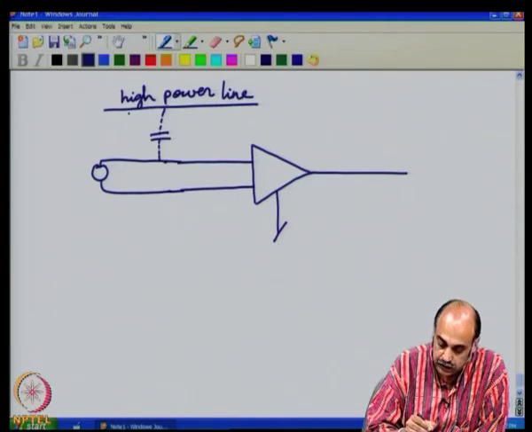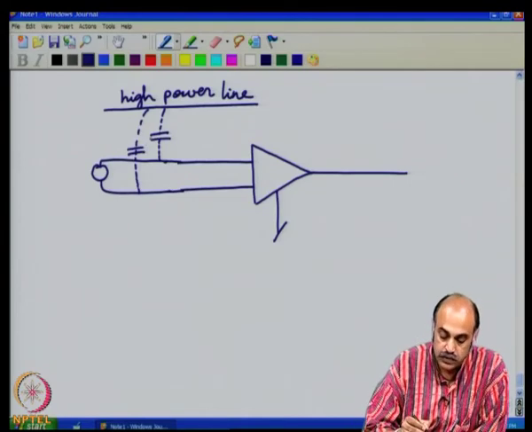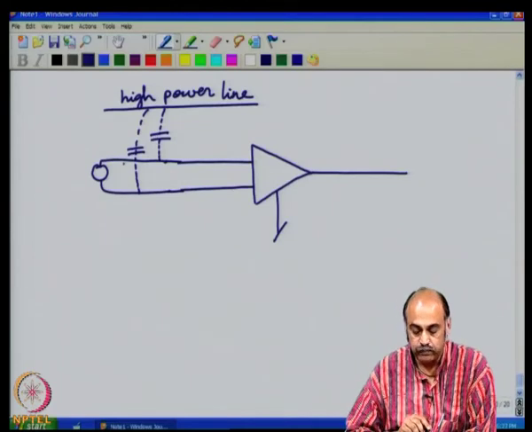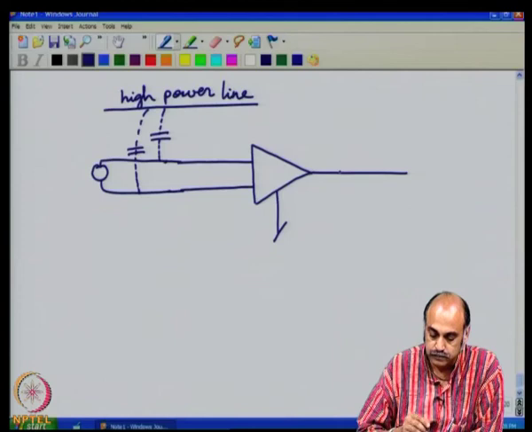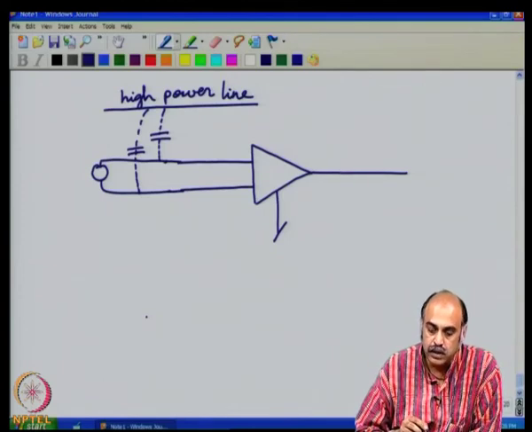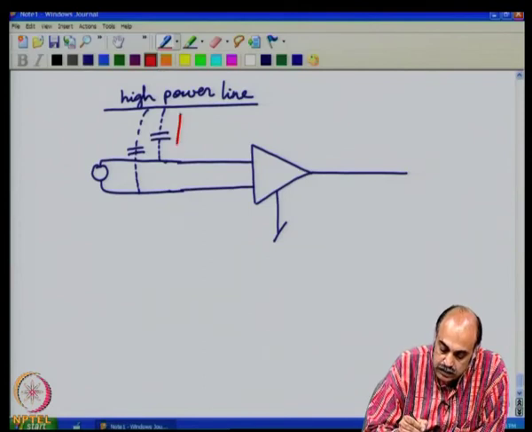This is also a track. So, from this track to this track you could have one more capacitive coupling. Now, if these two capacitive couplings are different, then that could give rise to different signals here and deteriorate the performance of the output.